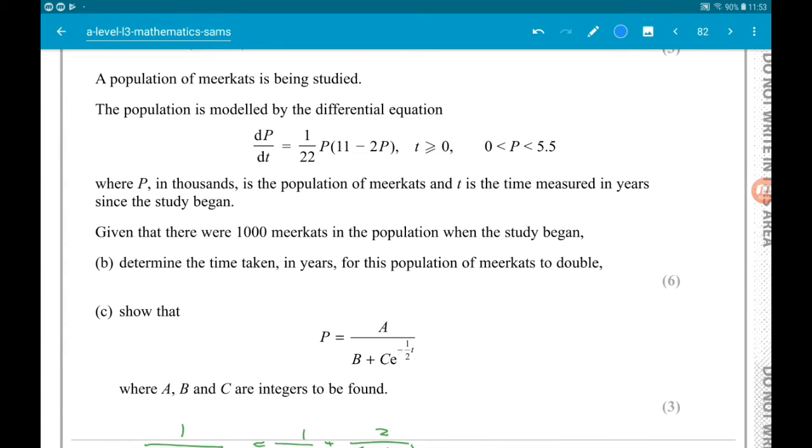Okay, so the first thing we need to do is get the p's on one side and the t's on the other. So, we can multiply through by dt and divide through by p times 11 minus 2p.